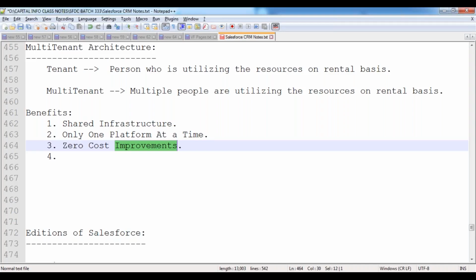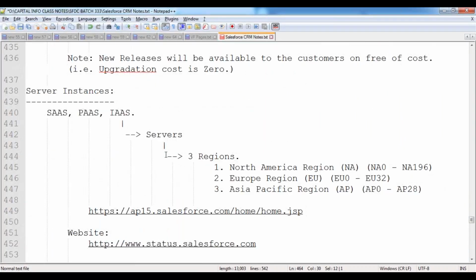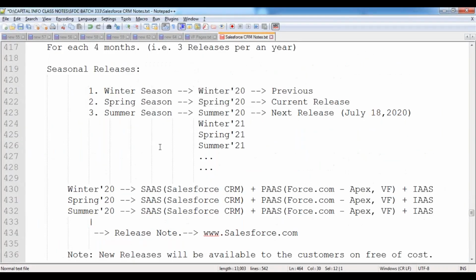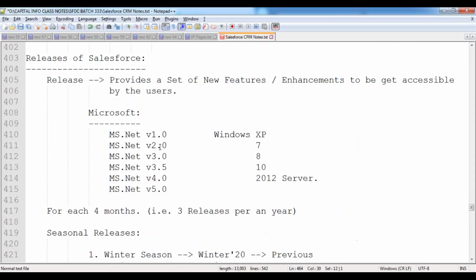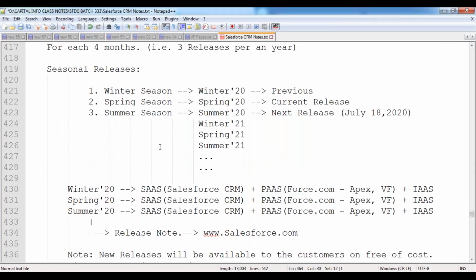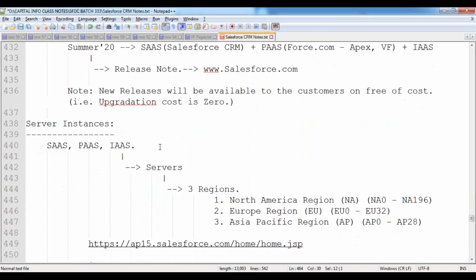Whenever Salesforce gives you a new release, do we need to pay any additional amount to Salesforce? No. As already told in the previous session, these new features are free of cost. Salesforce is not going to charge any additional amount.